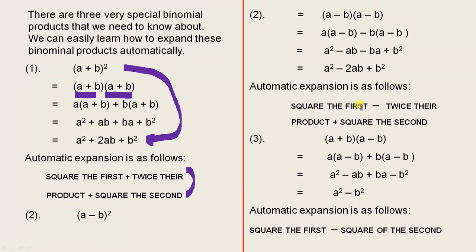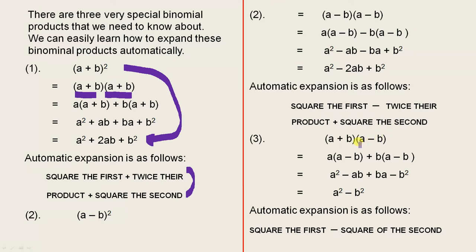You square the first, so that was a, that gives you a squared. Minus twice their product, because there's a minus sign here, so it's minus 2ab, and then square the second, which is b squared.